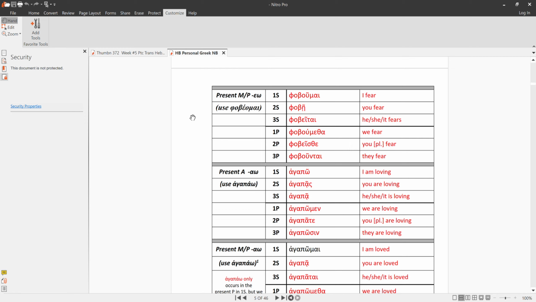Review those forms because it's very important that our foundation is good so that we can build upon that foundation not only in Greek 2, but also in the classes that continue, Greek 3 and 4, which will introduce us to some really important things in understanding the New Testament.